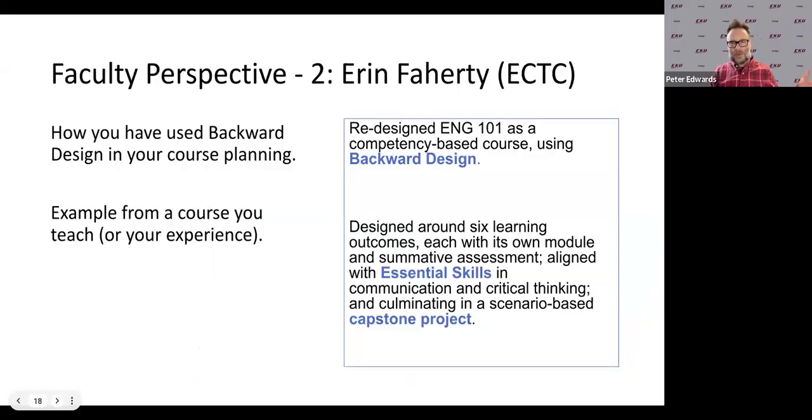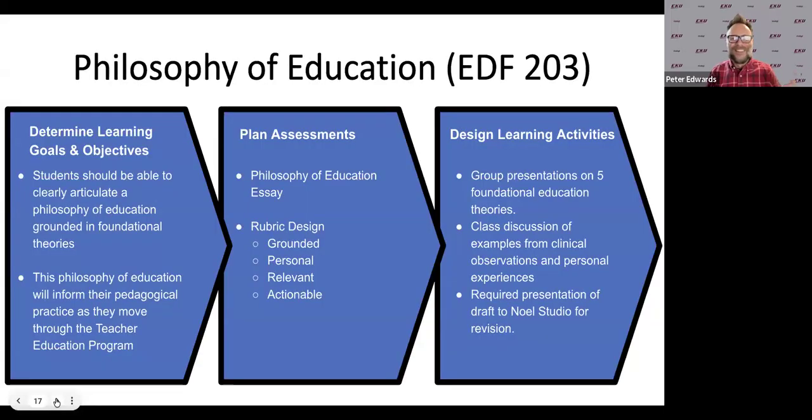So once that was established, there we go. Thank you. Once that was established, the assessment was clear because it was the philosophy of education essay. However, the planning of the rubric became essential. Their essays had to be grounded in theory, so that was non-negotiable. But in addition, they had to be personal.